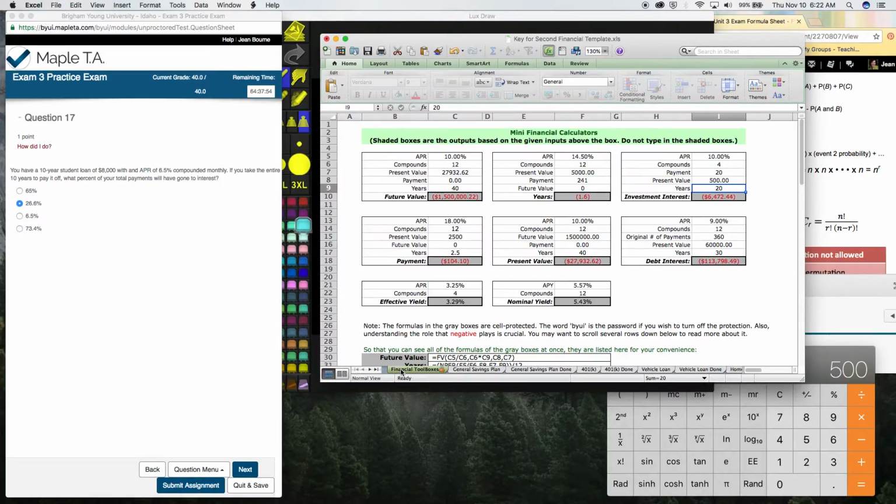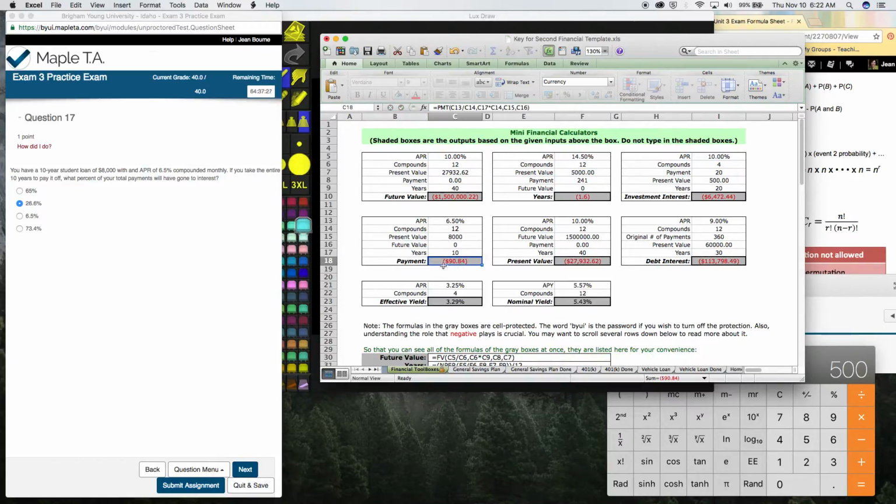So we come to the financial toolbox to figure out our payment. APR of 6.5, compounded monthly. Present value is 8,000. Future value is 0 because I will have paid it off, and it's going to take 10 years.